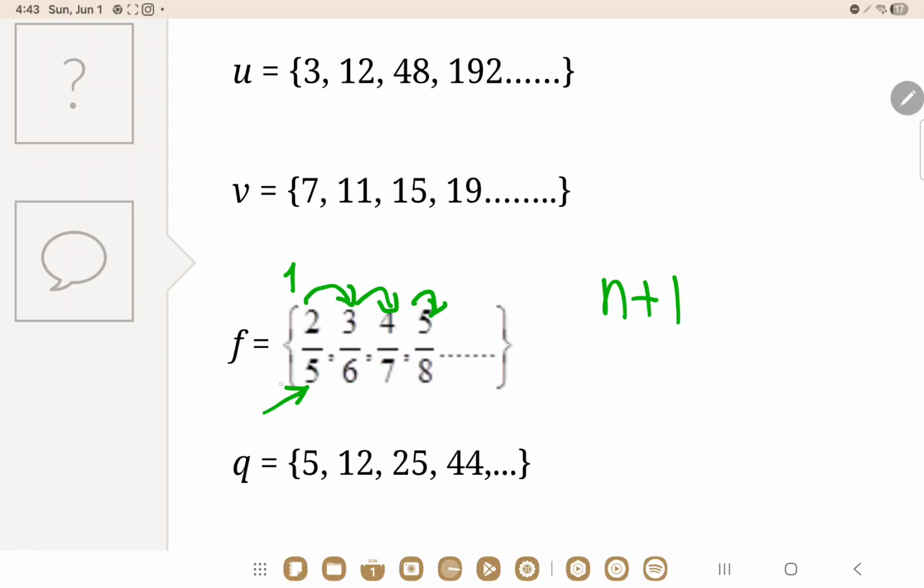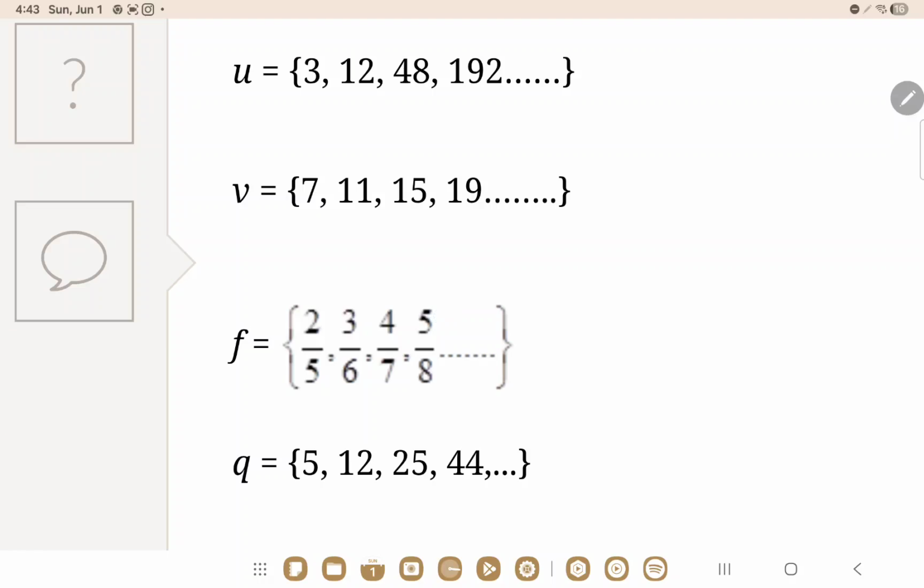What happens? 1 plus how much gives you 5? 4, right? So n plus 4. Let's try it. This is the second term. Is 2 plus 1, 3? Yes. Is 2 plus 4, 6? Yes. And that's basically how you solve it. It shouldn't take that much thought.